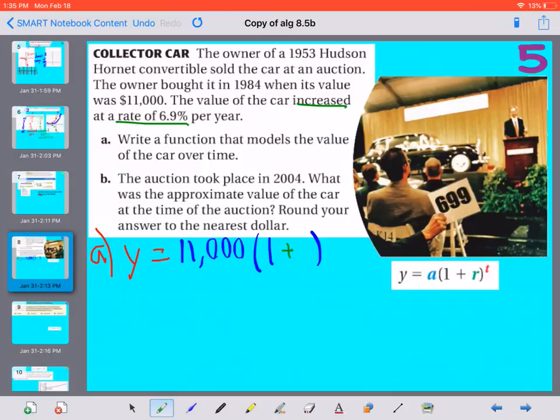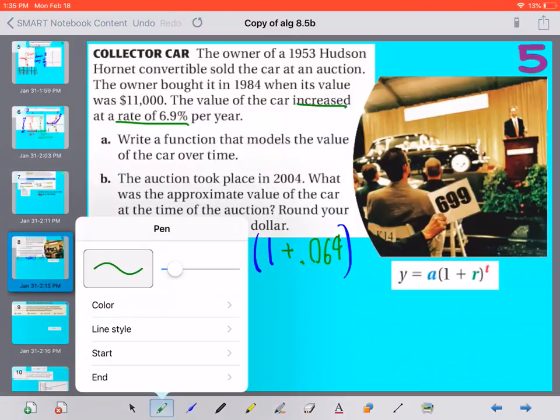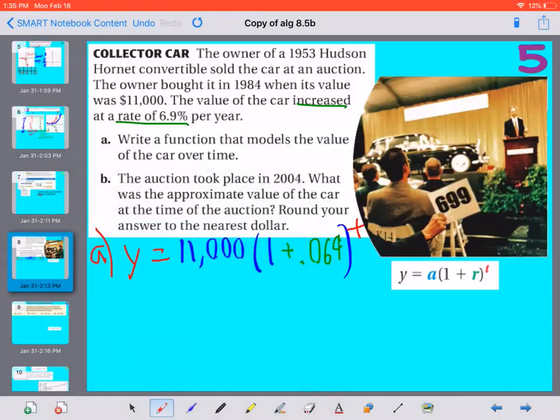As a decimal, 6.9% per year is 0.069, all raised to the power of t. We don't know the time yet. So what we have is 11,000 times 1 plus 0.069 raised to the power of t.